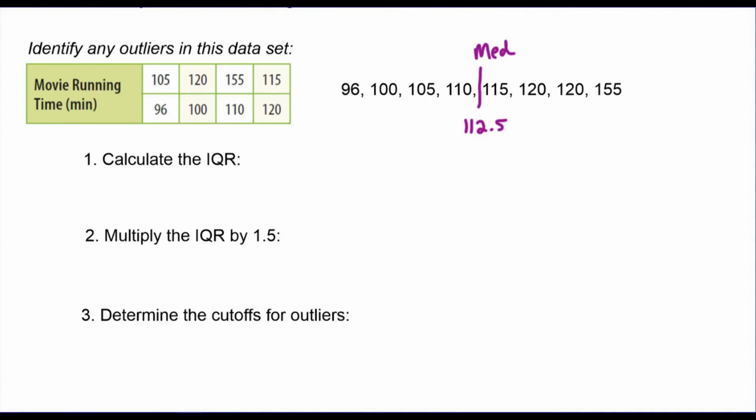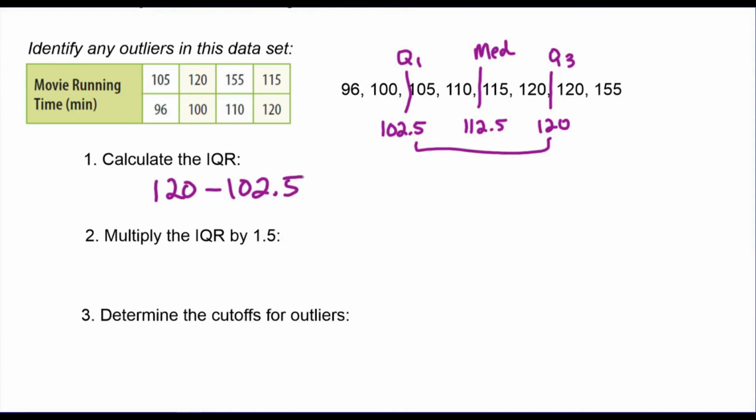And then the lower half of my data, if I cut that in half, my Q1 is going to be right here, halfway between 100 and 105 minutes, which is 102.5 minutes. And then the upper half cut in half will be my third quartile, or Q3, which is 120 minutes. So to find my IQR, I want to know the distance between these two values, Q1 and Q3. So I take 120 minus 102.5 to get an IQR of 17.5 minutes.